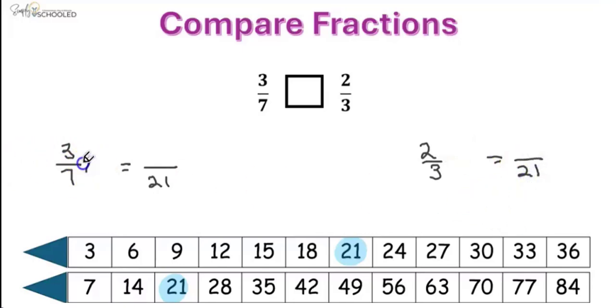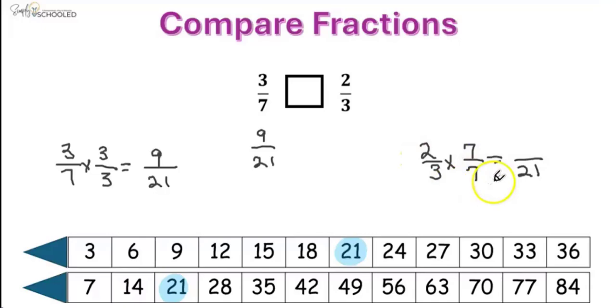Okay, so first I have to figure out what I'm going to multiply the numerator and denominator by. 7 times 3 is 21. So I multiply the numerator by 3, I get 9. So I know that 3/7 is the same as 9 over 21. Over here, 2/3, I multiply 3 times 7 to get 21.